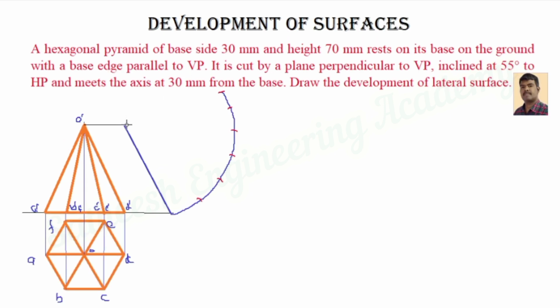So therefore the extreme slant edges, let's consider OA, OB, OC, OD, OE, OF, like that. You join all the slant edges along with the apex O in the development portion.